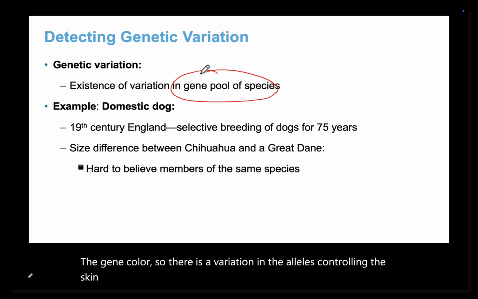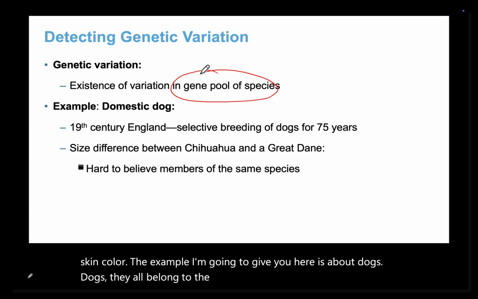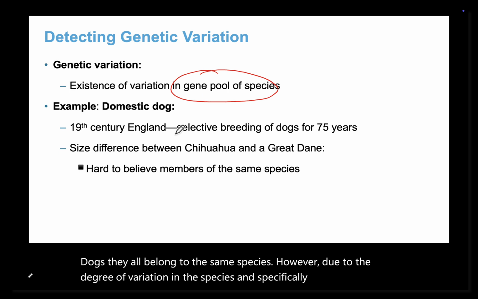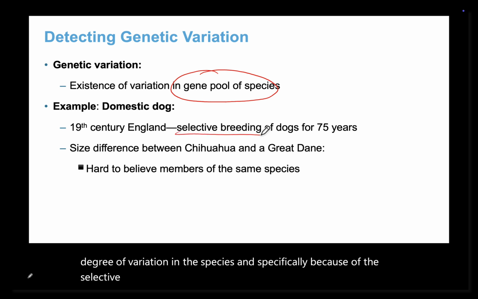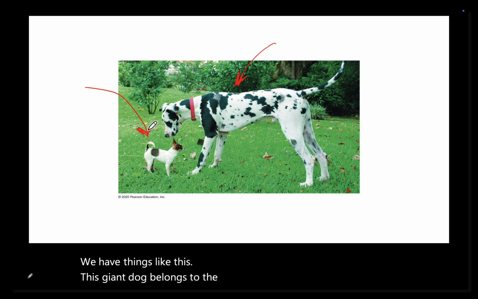The example I'm going to give you here is about dogs. Dogs all belong to the same species. However, due to the degree of variation in the species, and specifically because of the selective breeding that happened throughout years with those animals, we have things like this. This giant dog belongs to the same species as this tiny Chihuahua.